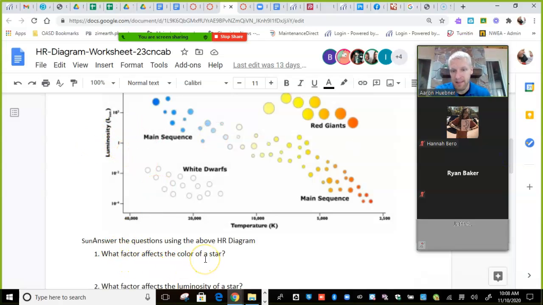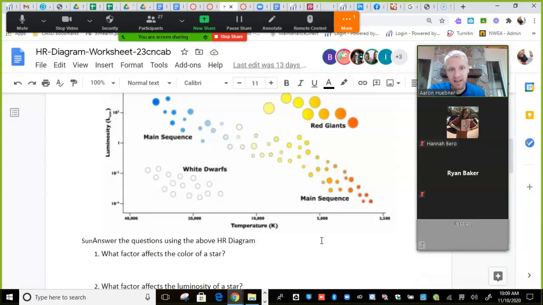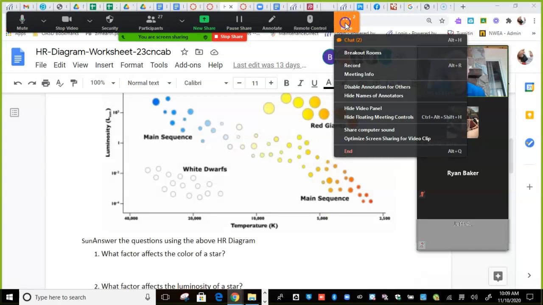What factors affect the color of a star? Well, we kind of went through that. The color of the star is going to be impacted by... Anyone want to type it in? That's right. Oh, here we go.